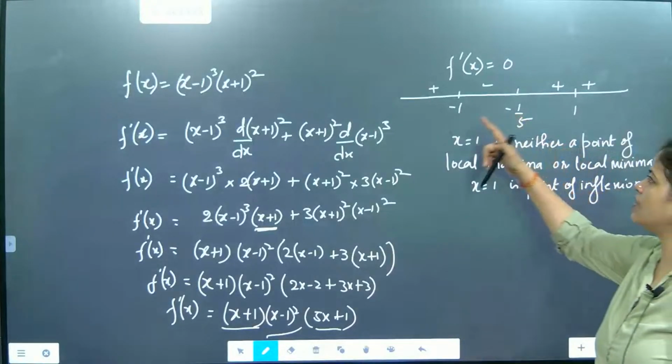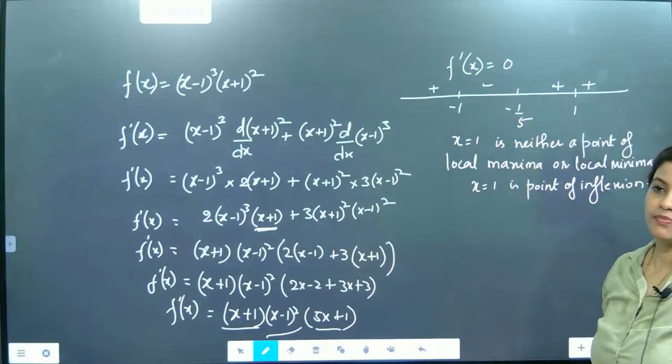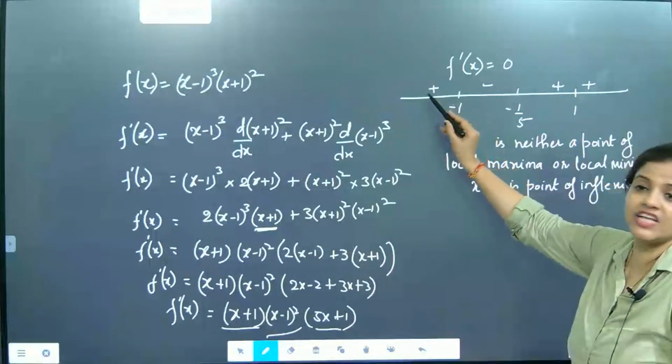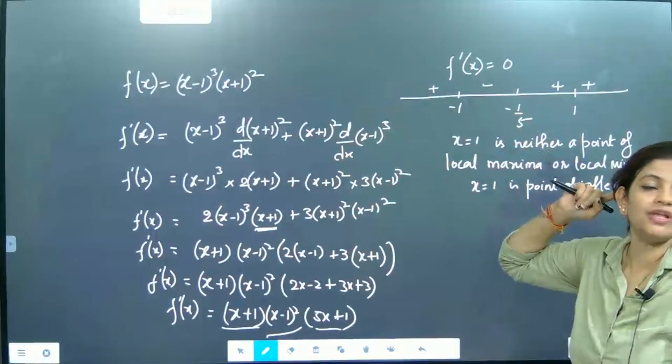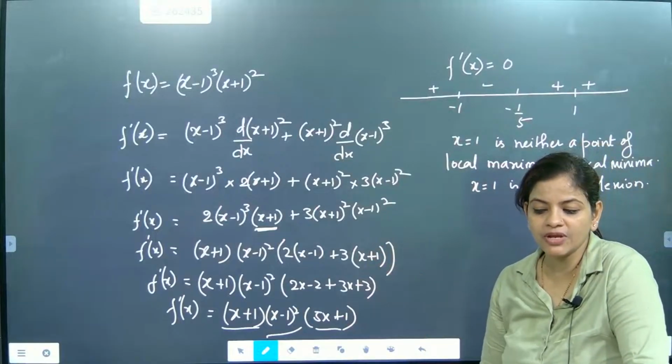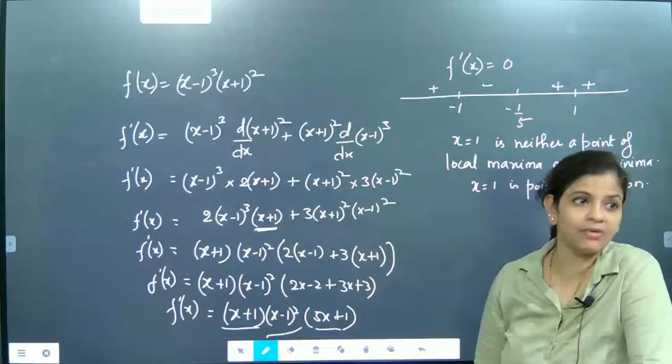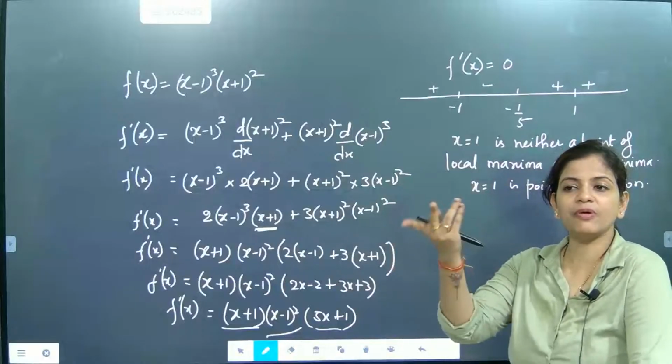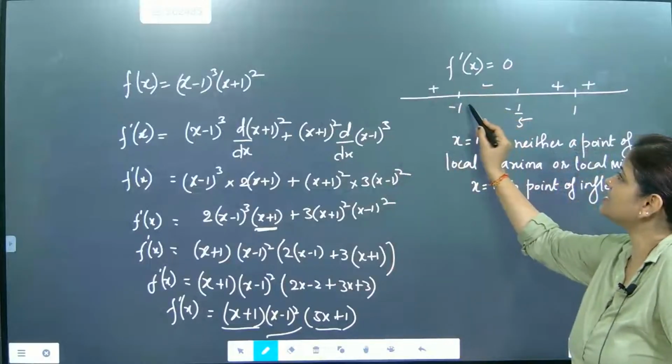Now we have only two things left, minus 1 and minus 1 by 5. Always I told you, plus to minus is maxima or minima? Maxima. Plus minus, always remember, plus minus is maxima.